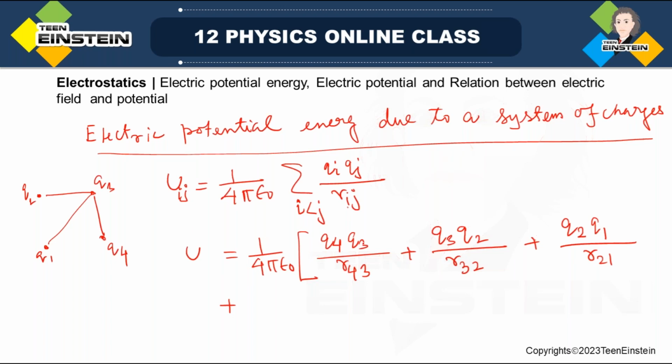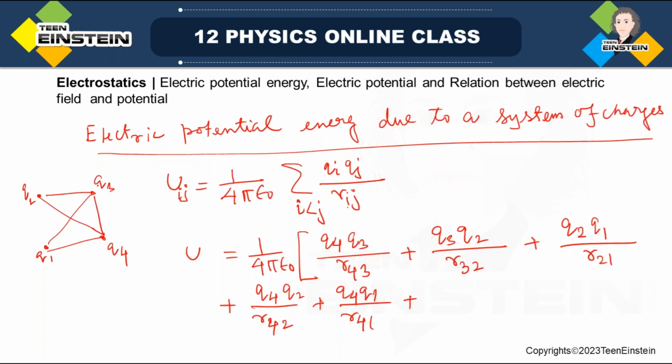So we have 4, 3. So with 4 I can have another 2 combinations, 4, 2 and 4, 1. So these combinations also will be there. So 4, 2, here 4, 2. 4, 1, here 4, 1.